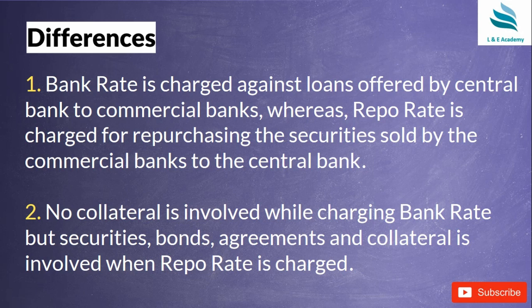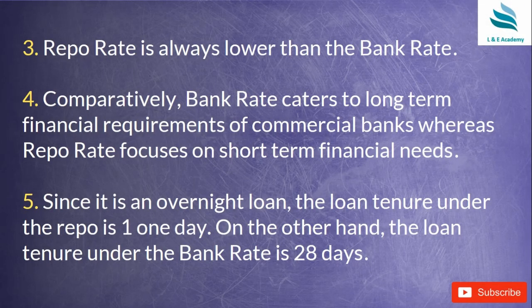Collateral means they don't have to give any government bonds. But once they enter into a repurchase agreement, which is the repo rate, they have to keep securities in the form of government bonds, agreements, collaterals. Repo rate is always lower than the bank rate.